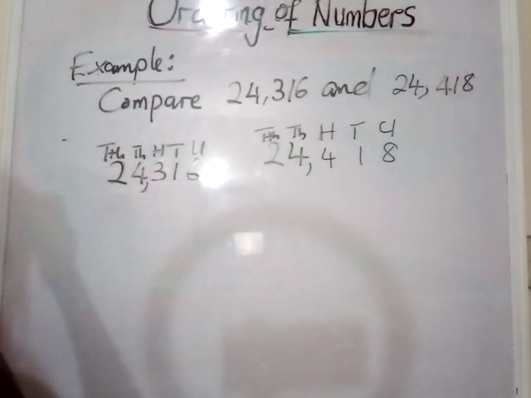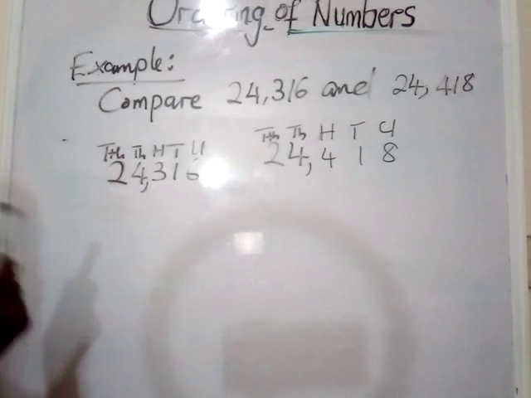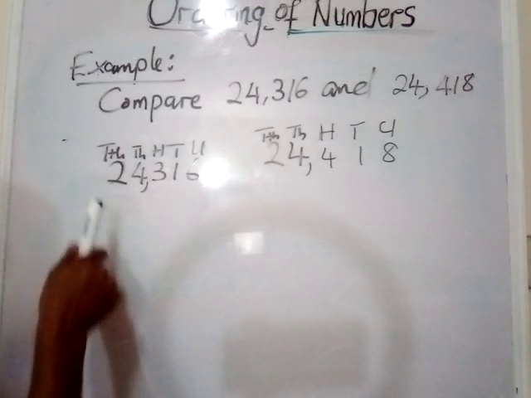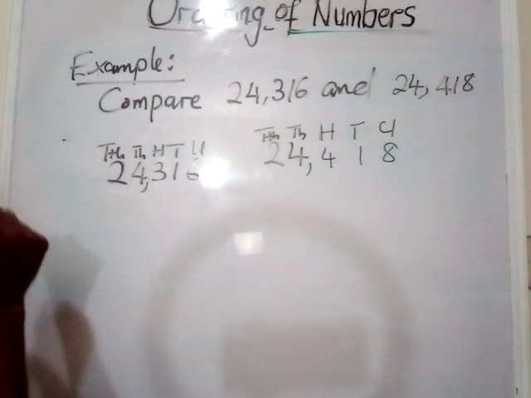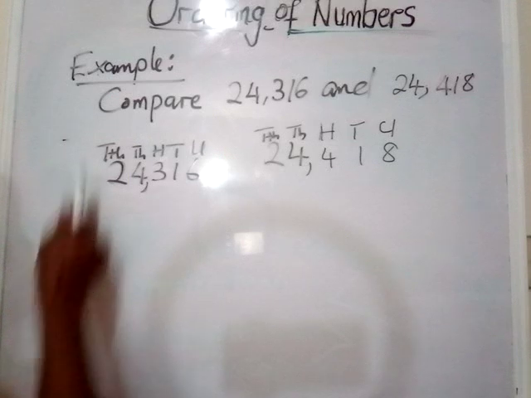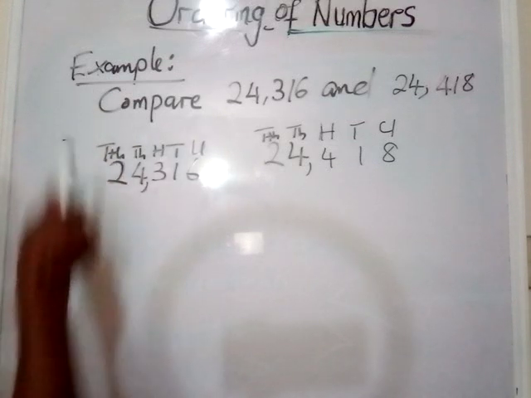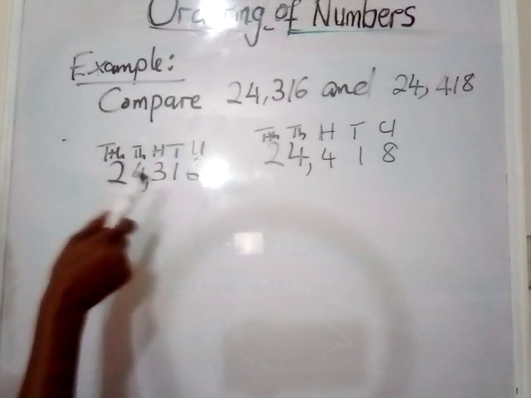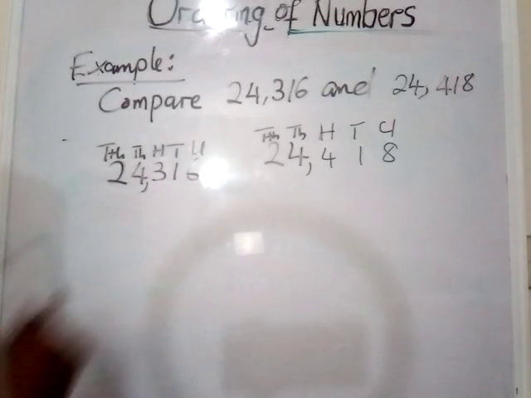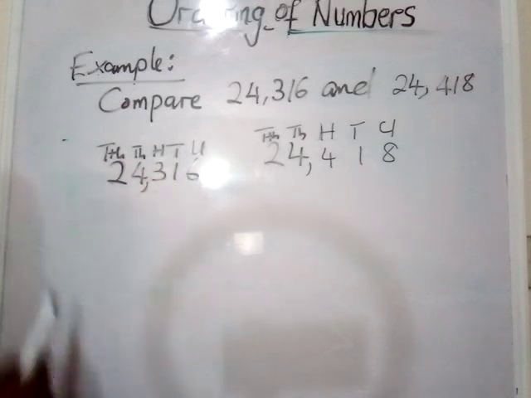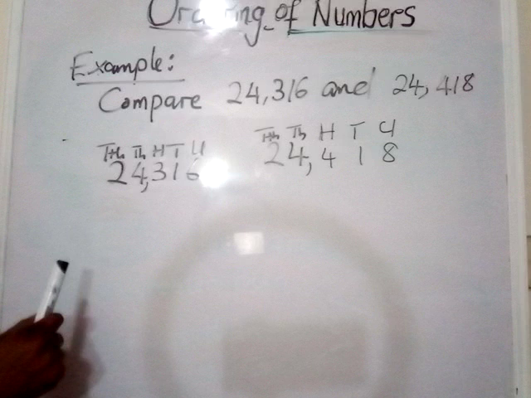And okay, let me quickly mention this. Whenever you are comparing numbers, you always start from your left. Remember, the left side holds the largest units, or the largest columns, or the largest values. When you place them in their place values, the one from the extreme left end has the highest value.